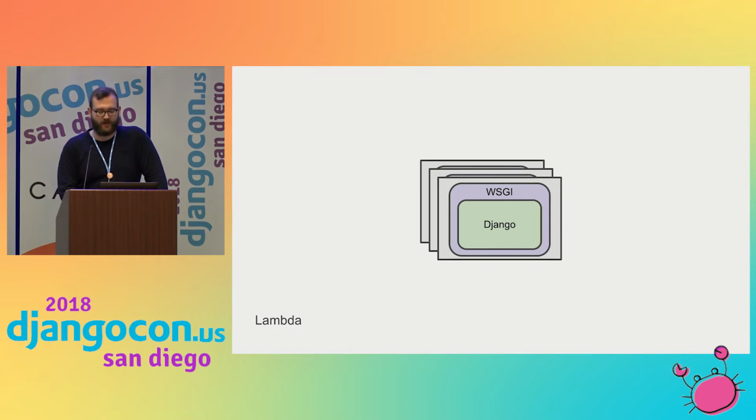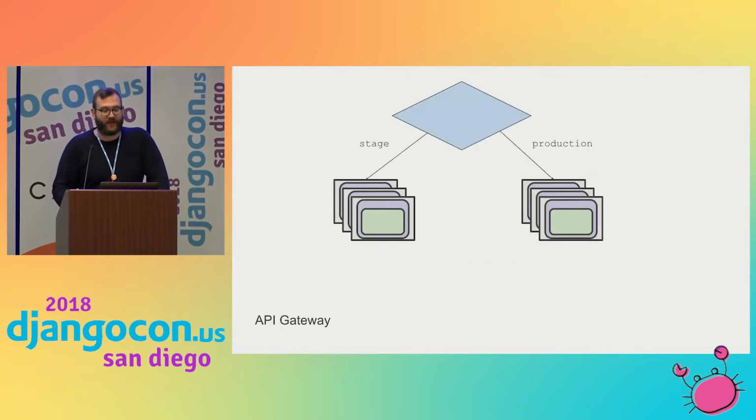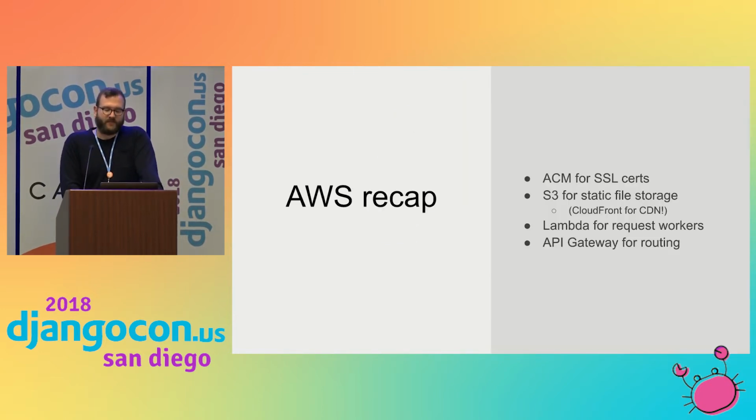So once we're able to do that, we're sort of home free. And with the API gateway, we can manage our different environments and route requests for different domains to different sets of applications. So to recap, Amazon Certificate Manager for SSL certs and S3 for static file storage.